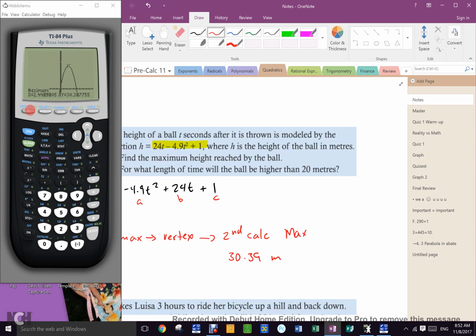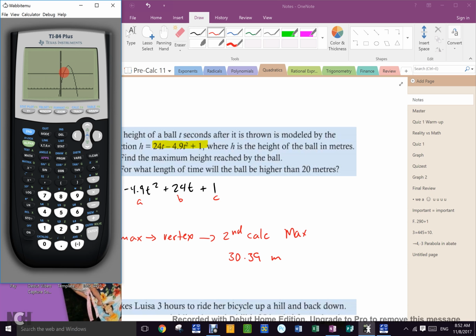So if I go into my equations here, and I go down to a second equation, and I push y equals 20, what will that do? Exactly. Burke has done this. It will give us that line. That's 20 meters. So where is it above 20 meters? Between these 2 points, yes?